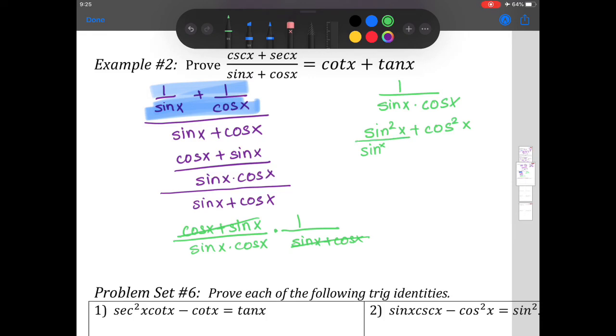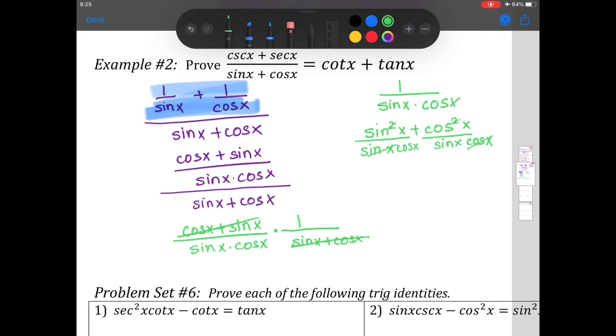So I substituted 1 with sine square x plus cosine square x, and I'm going to set up 2 separate fractions. So that's what I'm trying to do. Sine x, cosine x, and here also sine x, cosine x.